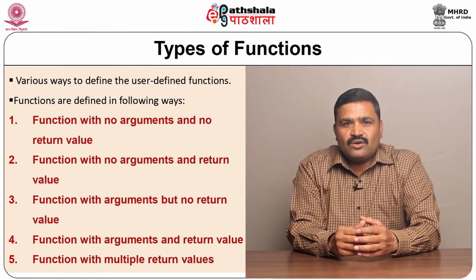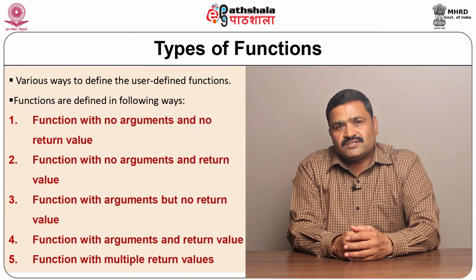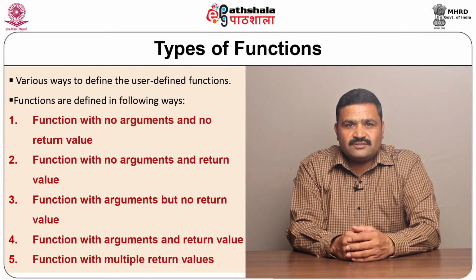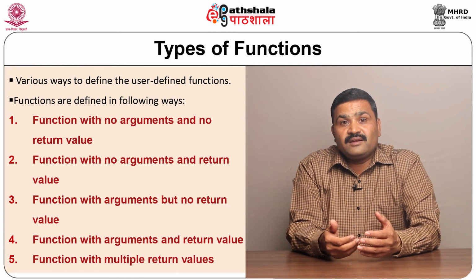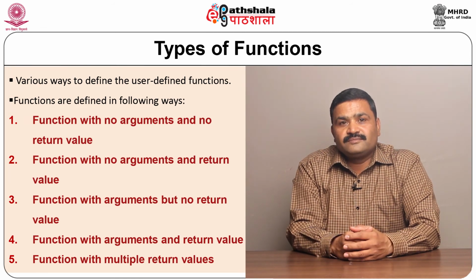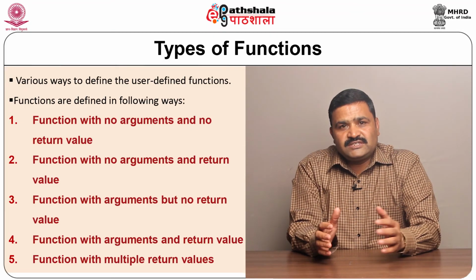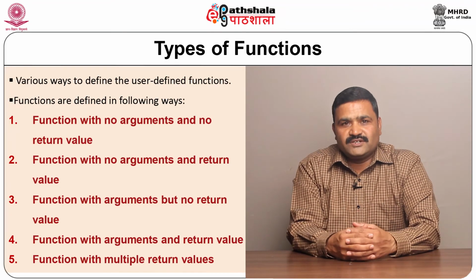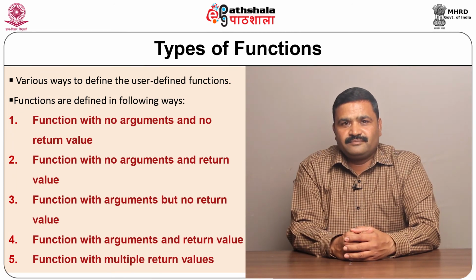Third, calling function with argument, called function with return value. And calling function with argument, called function with multiple return values or return numbers. So these are the different types of functions which we have already seen in the previous slide.